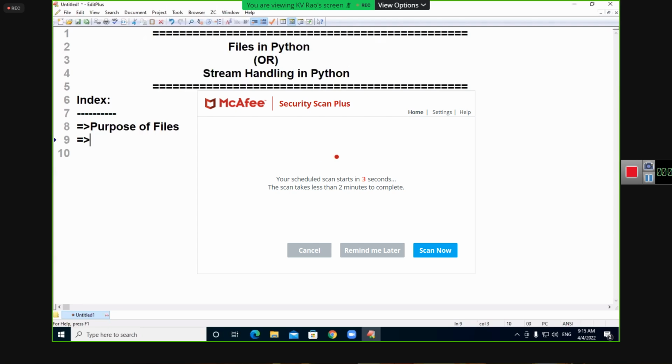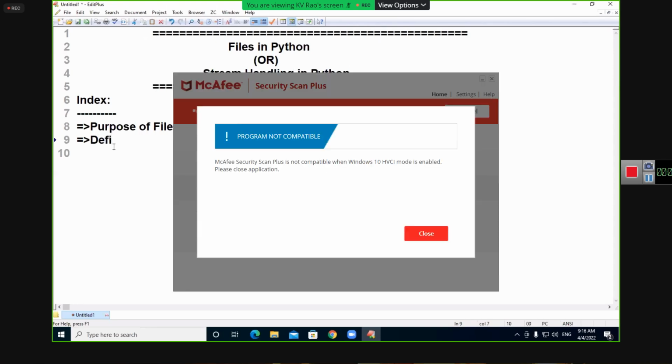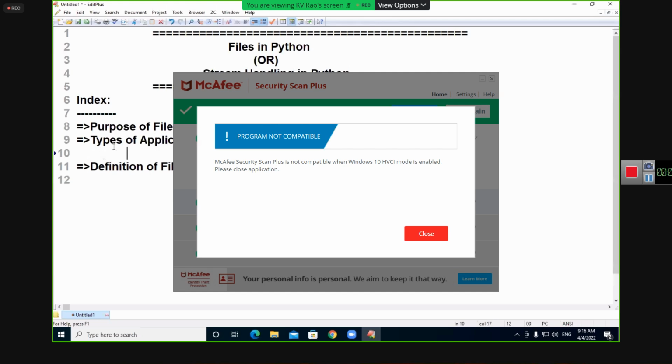Next, we will talk about another concept: the definition of file. And before that, I would like to talk about types of applications. There I'm going to talk about non-persistent applications.